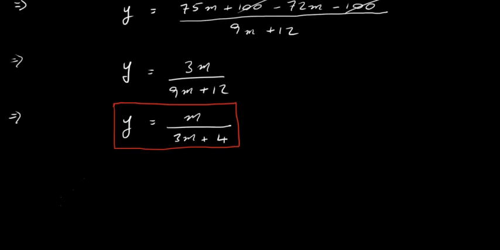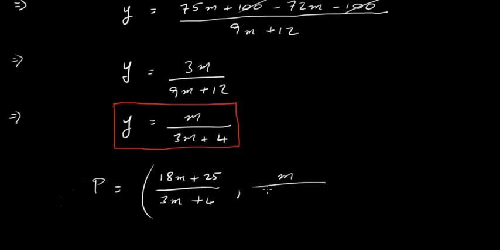Okay, finally, the point P is equal to 18m plus 25 over 3m plus 4, that's the x coordinate, and the y coordinate then is just m over 3m plus 4. And that's it for this particular question.